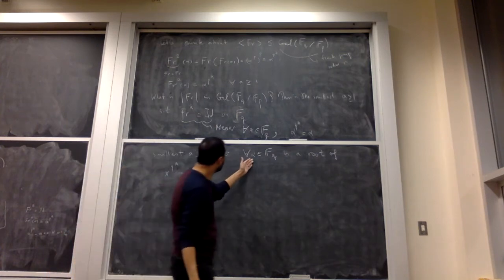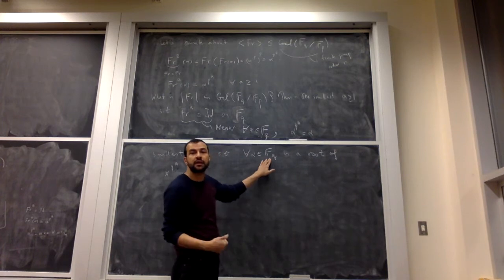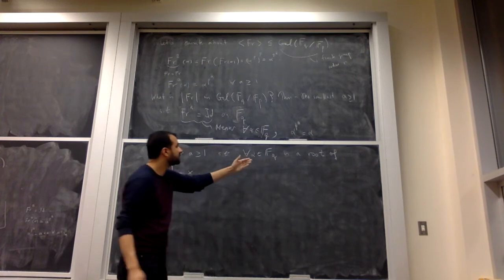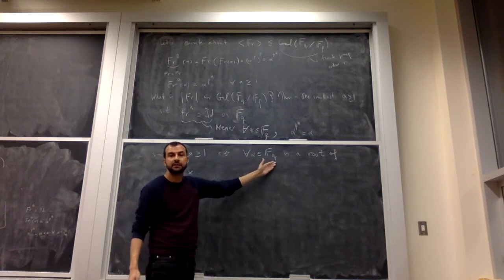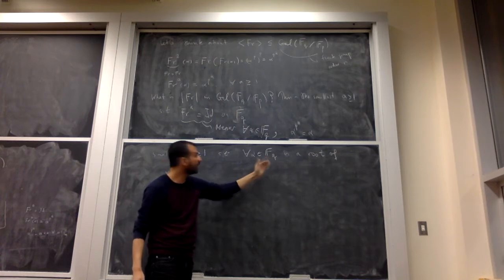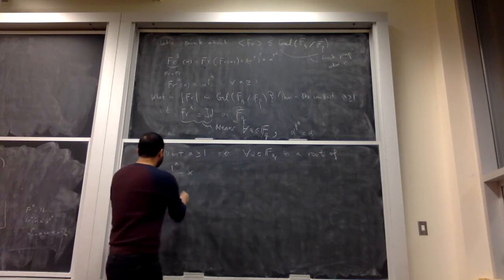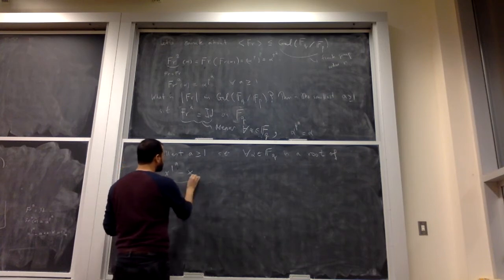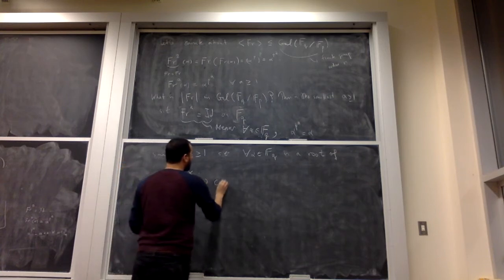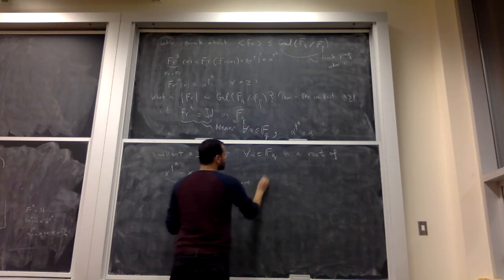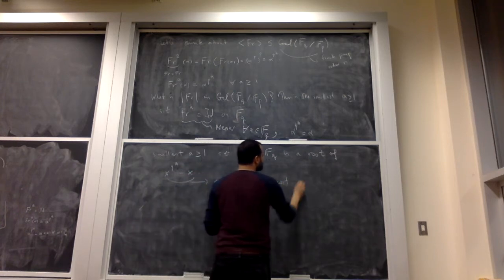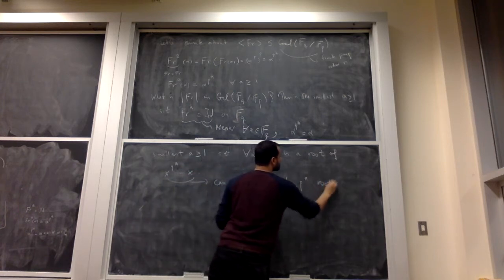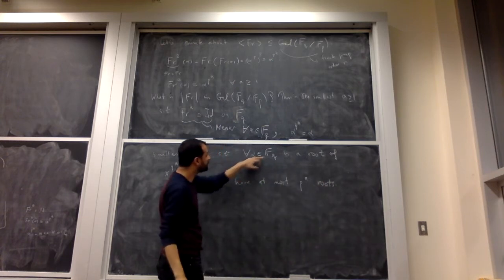Well, you want every element of FQ to be a root of it, so you want it to have at least q roots. This can have at most p to the power of a roots, and we want every element of FQ to be a root of it.